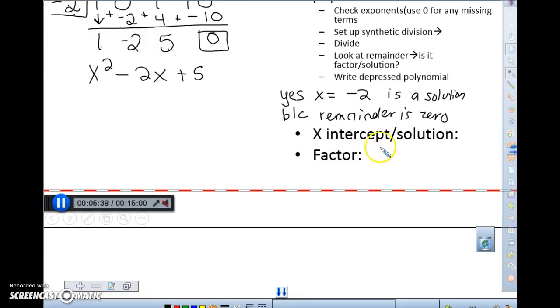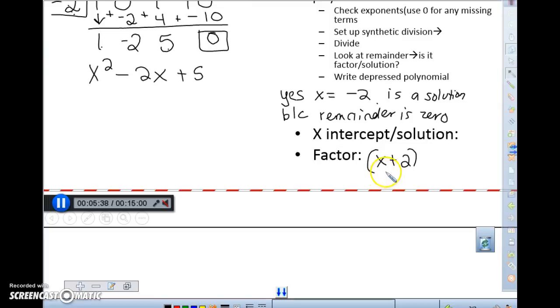What is one of the factors then? Well, -2 is a solution. No, not 5. X plus 2. See, that's the factor. Remember that relationship between the solution and the factor?